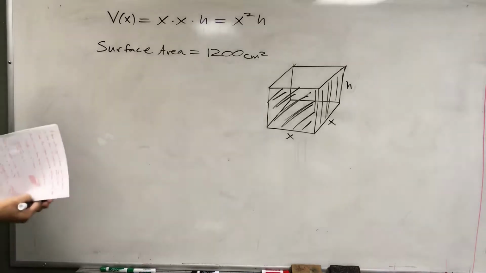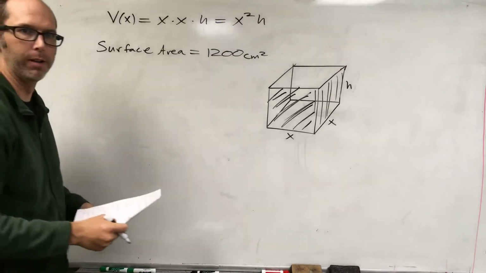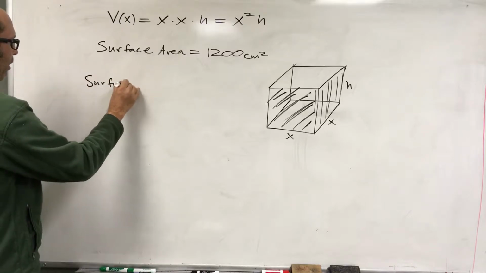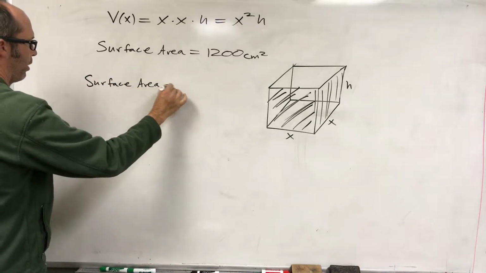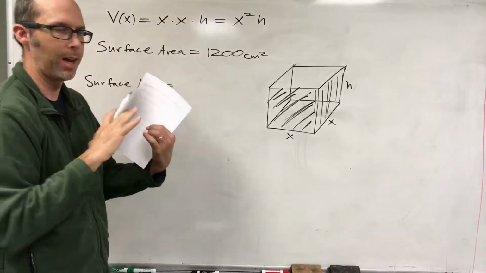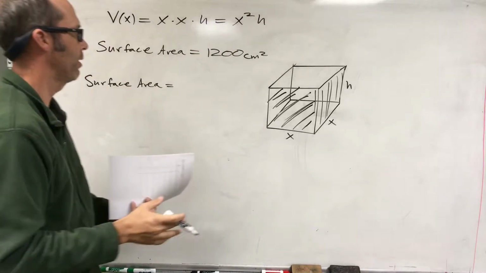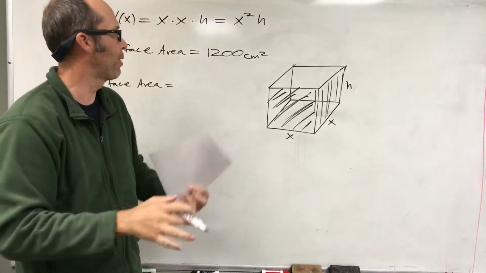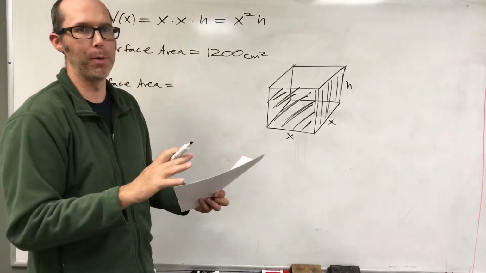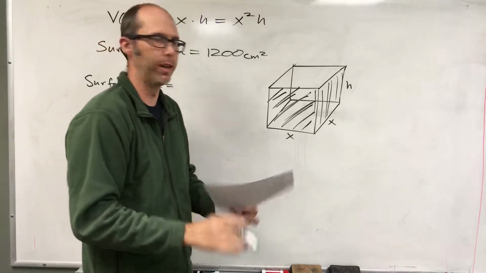All right, so we need to find a formula for the surface area. The surface area is all the amount of space on the outside of the box. Think of it as if you're going to wrap the box, but not wrap the top, with wrapping paper. How much paper would you need?